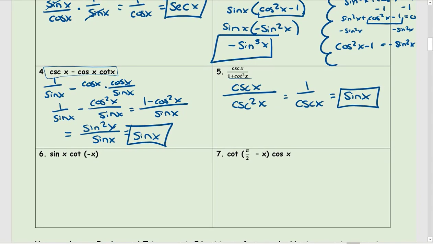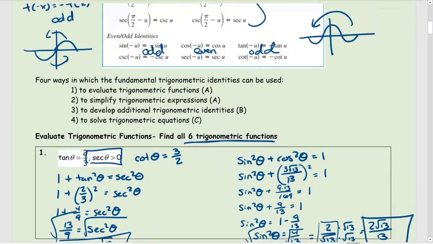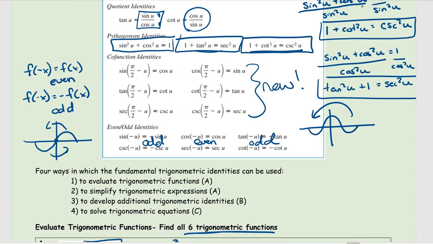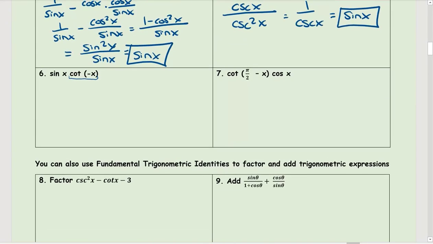So we have sine of x, and then we have cotangent of negative x. If you remember, if we go back up to our even-odd identities, cotangent of negative x gives us negative cotangent x. So we're going to come down and rewrite that.